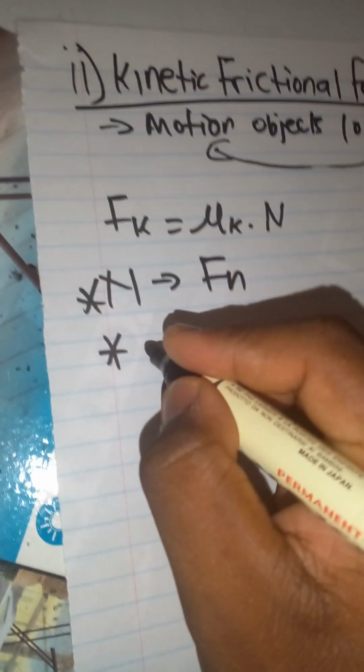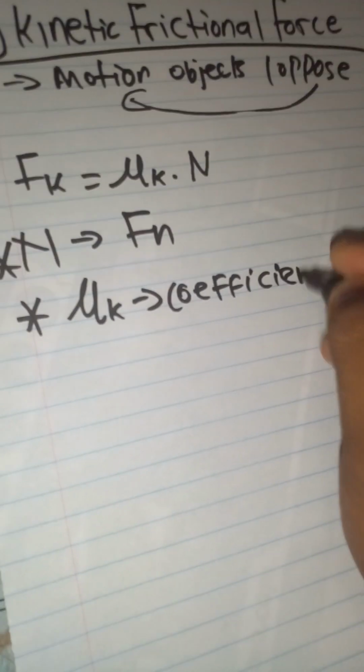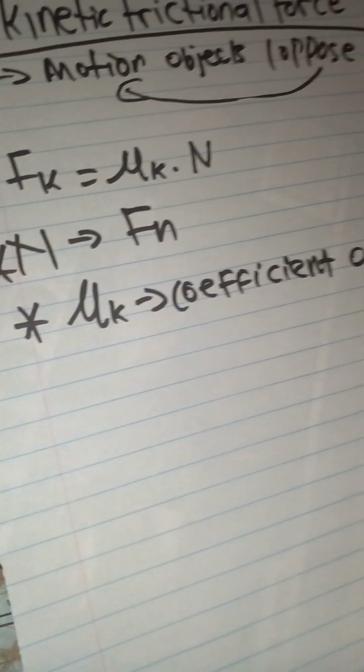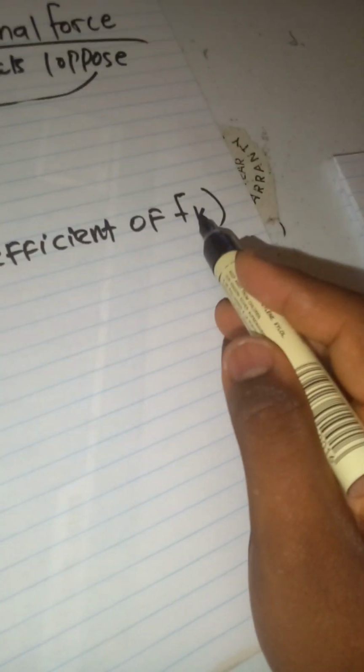Then what you must know again is that mu k is the coefficient of the frictional force. This is a force, so the kinetic frictional force can be written as Fk.